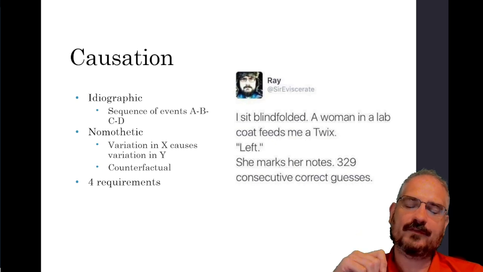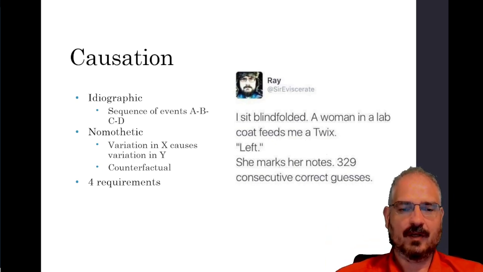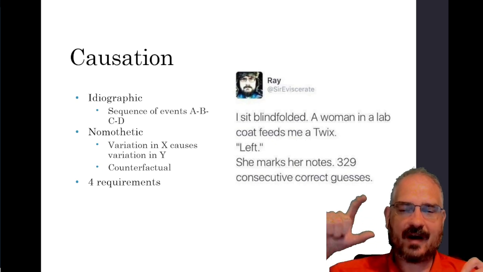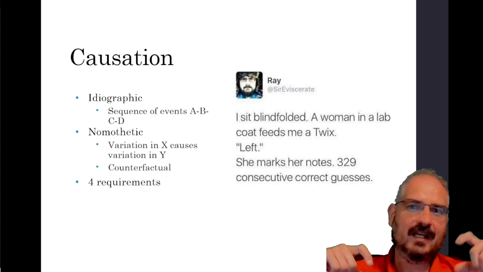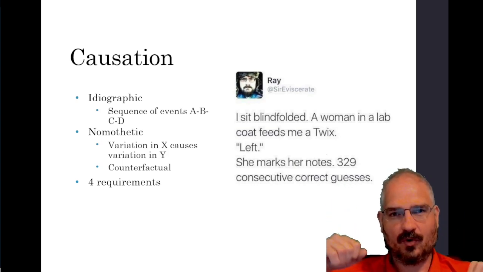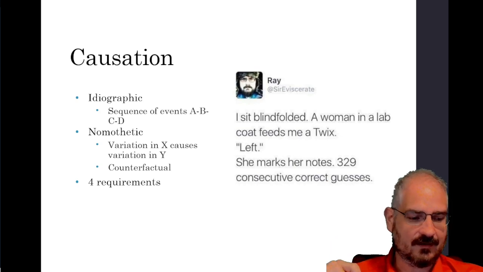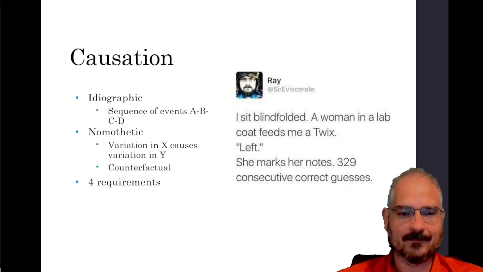Scientists much more often deal with nomothetic causation, which is where variation in one variable causes variation in another. We increase police presence in a city, and thus crime goes down. Or we introduce a new law designed to reduce domestic violence, and thus domestic violence goes down. You know, that kind of thing.